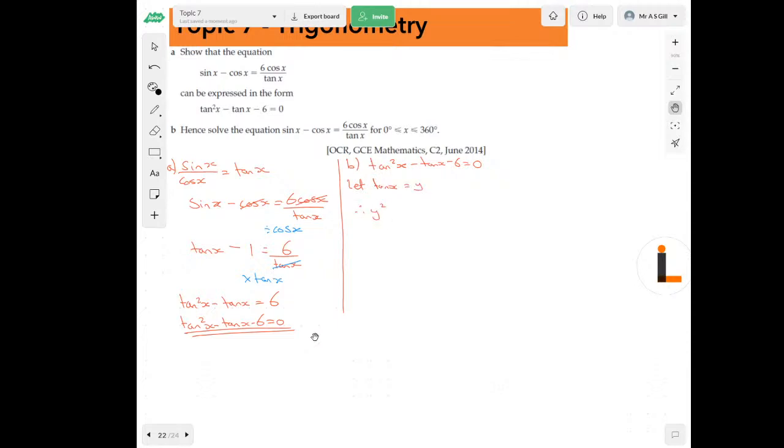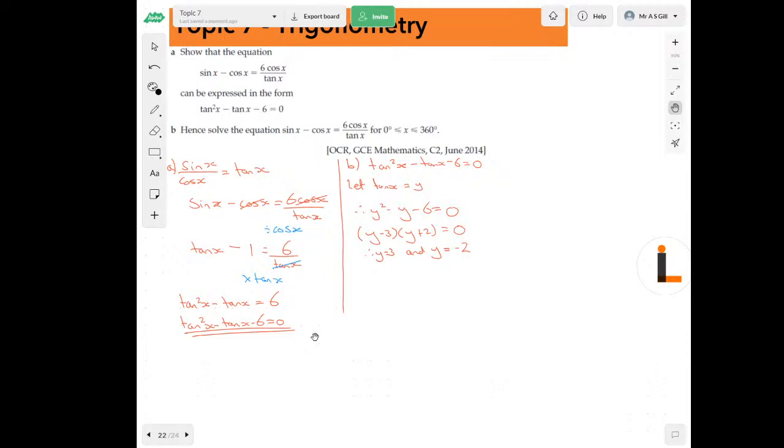Therefore, we get y squared minus y minus 6 equals 0. And factorising, we're going to get y minus 3, y plus 2 equals 0. Therefore, y is equal to 3 and y is equal to negative 2.